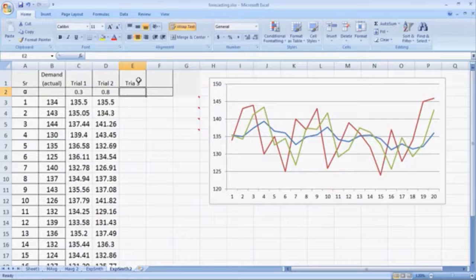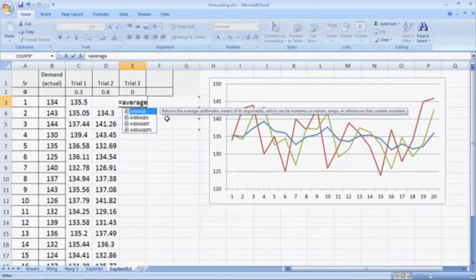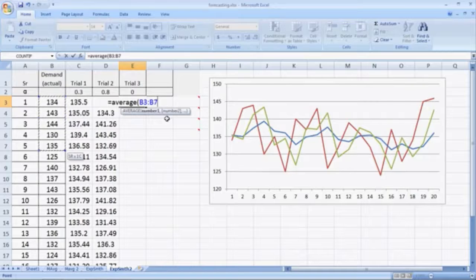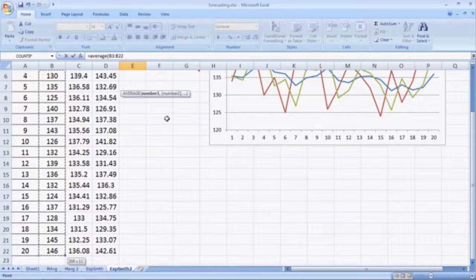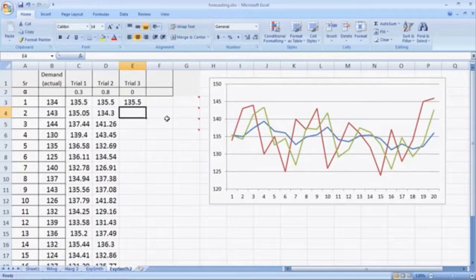Trial 3, we will do it with alpha as 0, which is the lowest value possible, equal to average of the existing demand values. We'll follow the same pattern that we have done, and then this period is equal to previous forecast plus alpha multiplied by bracket open actual minus forecast, which is again the error.